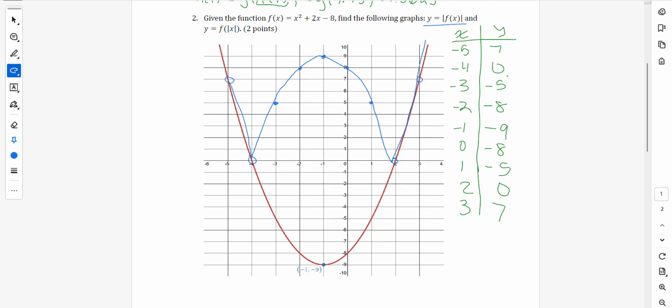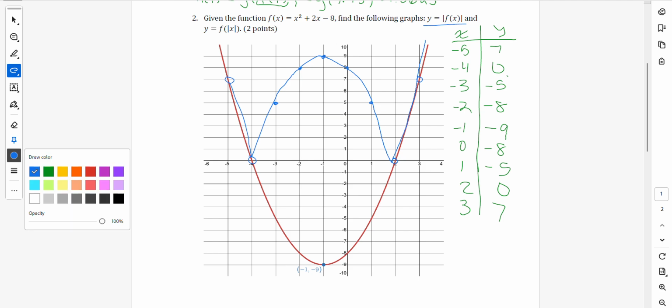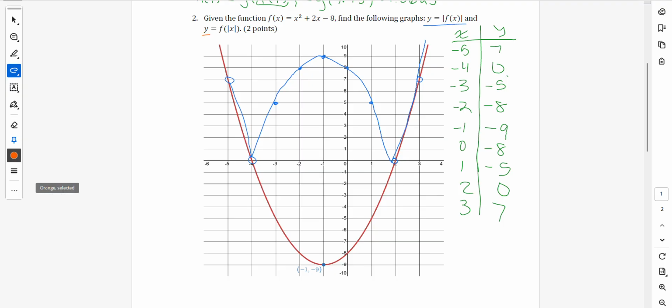What's interesting is that if we did a composition like this and all the y values were positive, it'd just be the same graph. Table screen, let's do orange for this one.